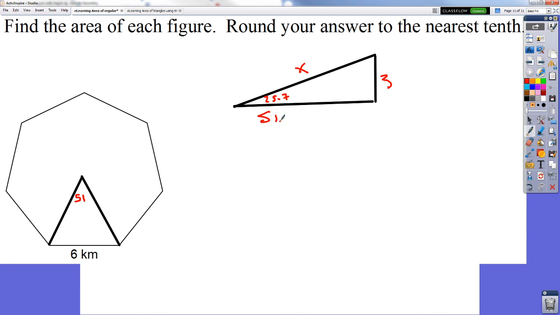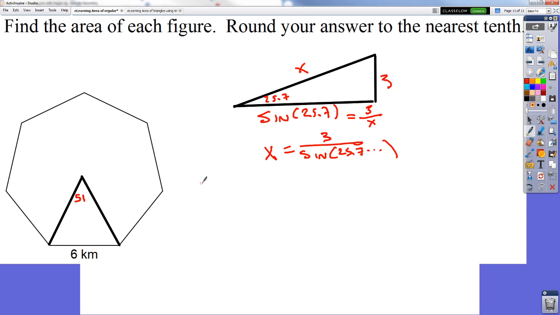So sine of 25.7 something equals 3 over x. So x is going to be 3 over this sine of 25.7 something. It's an ugly number. I'm sorry, we have to use it.